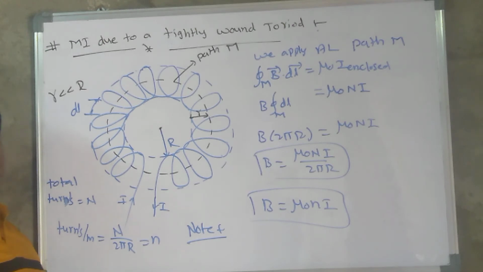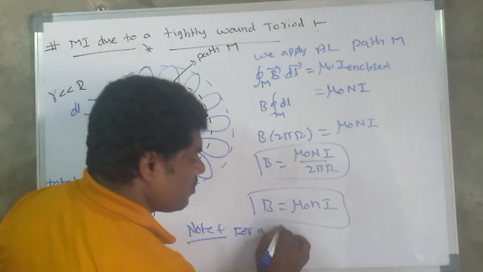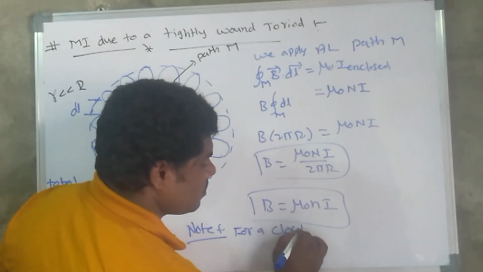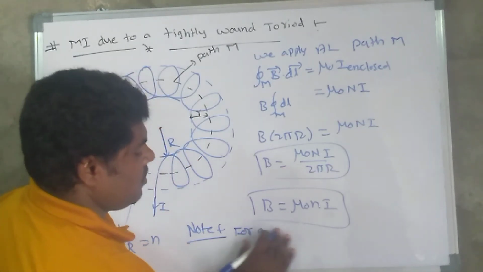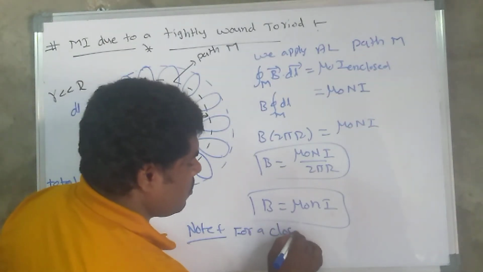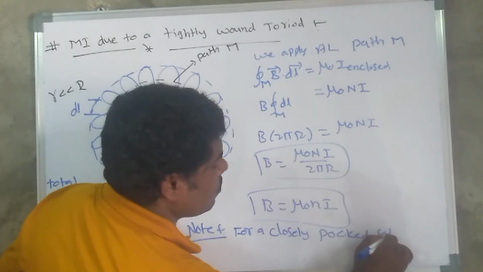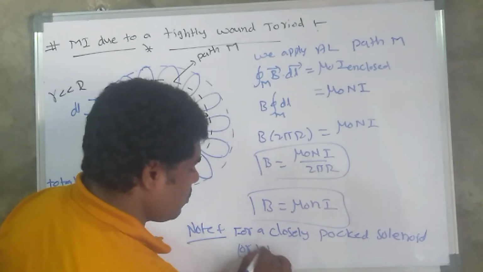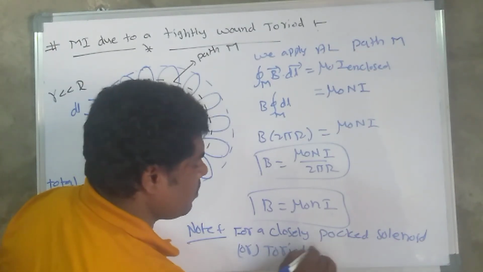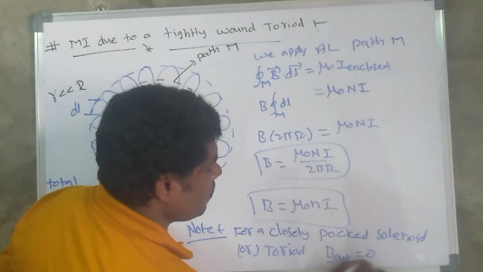So for a closely packed solenoid or toroid, the magnetic field outside becomes 0.